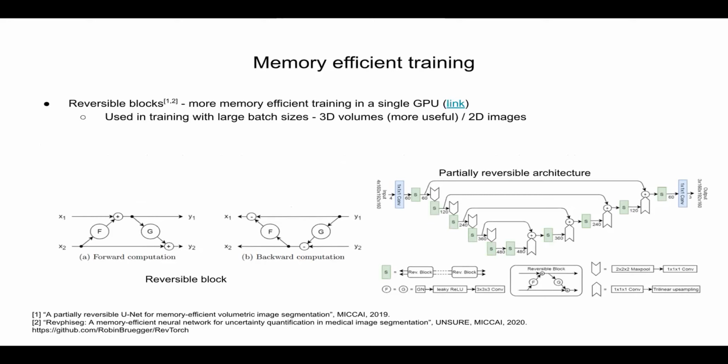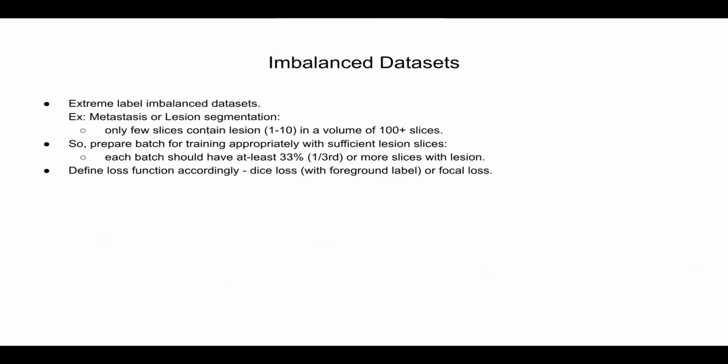Since they do not require storing the activations, they improve the training in terms of how much memory it requires on a given single GPU. So you can have more volumes in the training. And you can check the link which we have mentioned here to include some of these training blocks.